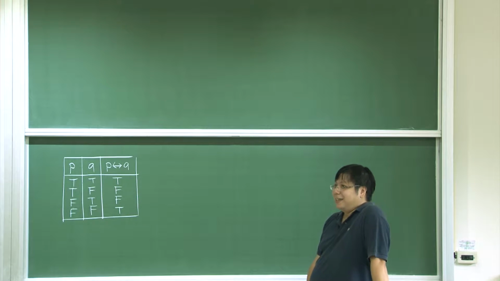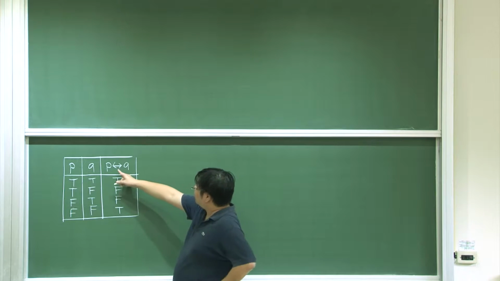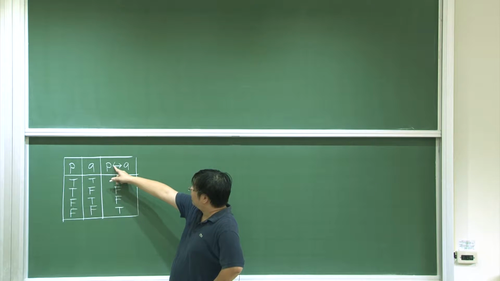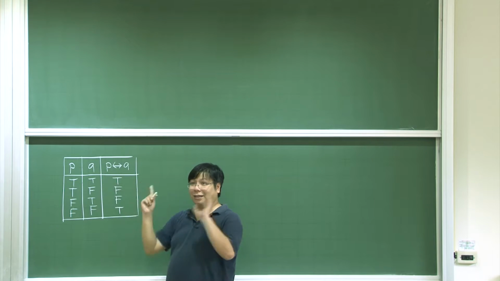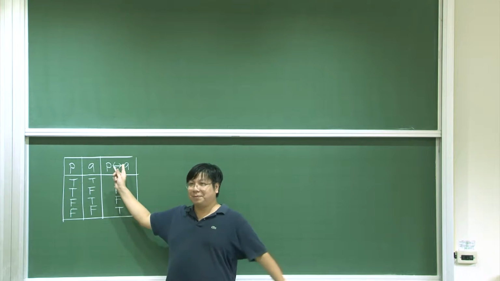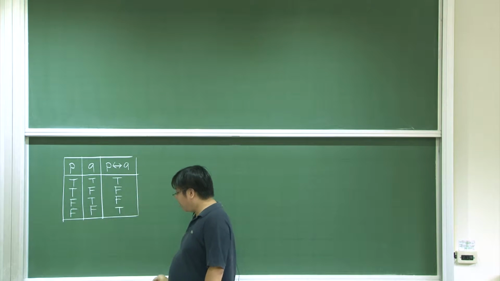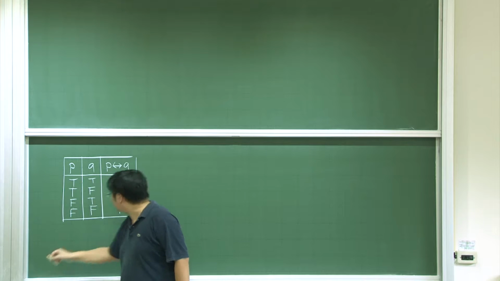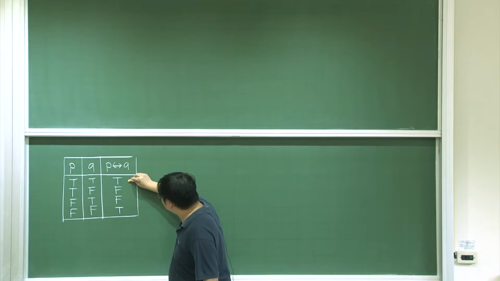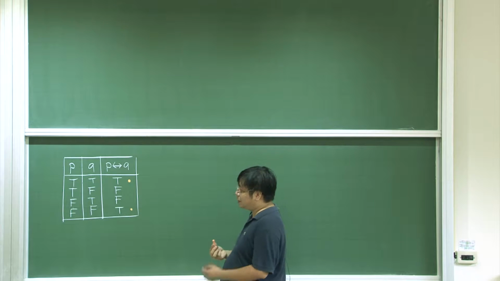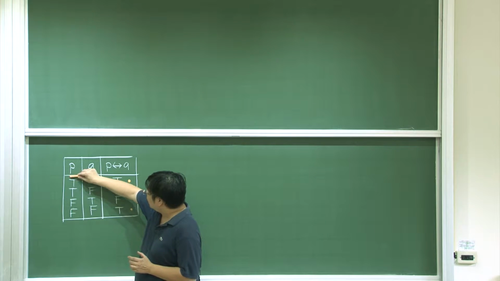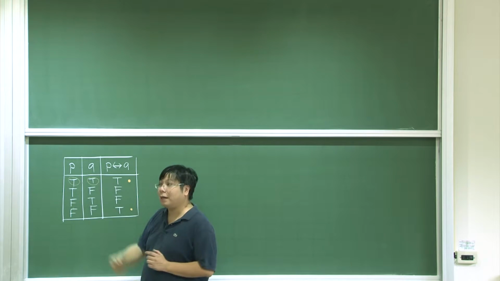Okay. So how this looks like you have this side implies this side implies this side. Looks like equal, right? So if you look at the cases where it is equal, whether it is true, so this is the true case, this is another true case, then what we see? We see that this and this are the same.